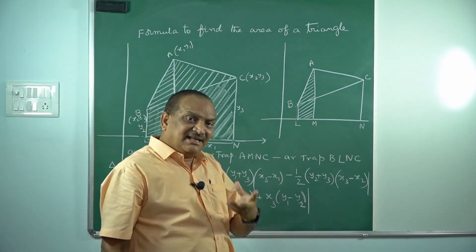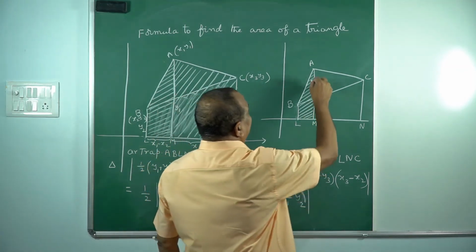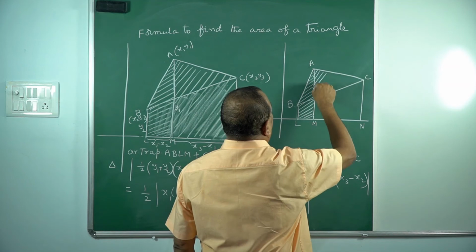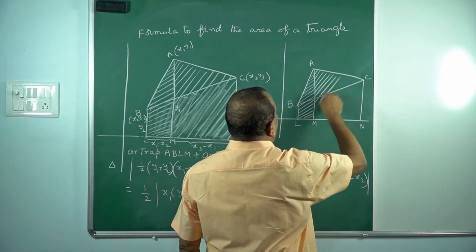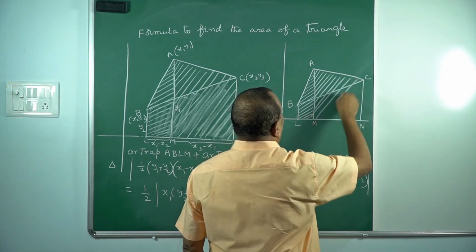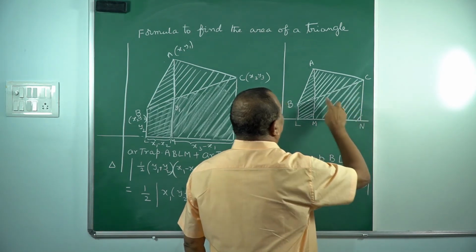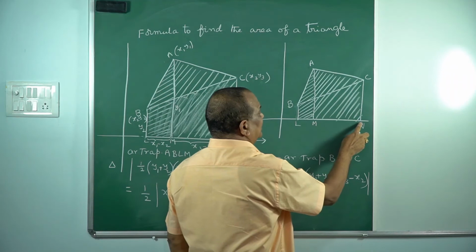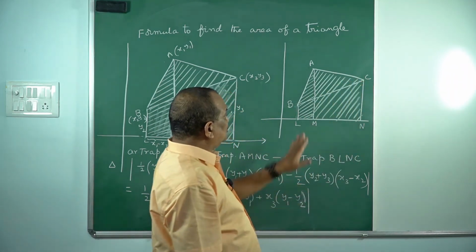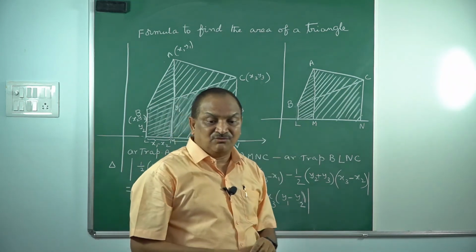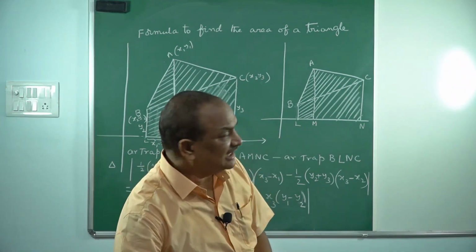You have to add another trapezium. That trapezium is this one, because this is another trapezium. Can you name this trapezium here? A, M, N, C.